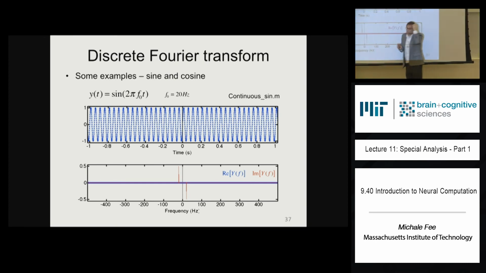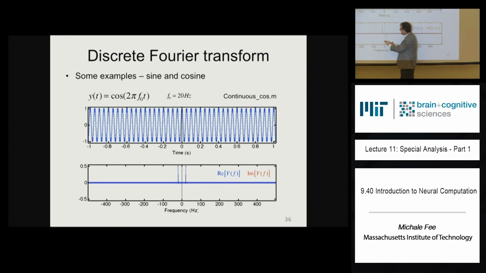Okay? Does that make sense? So all we have to do is find these coefficients, these peaks, what values of these different peaks to stick in to reconstruct any arbitrary function.